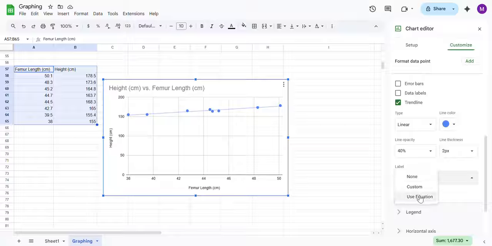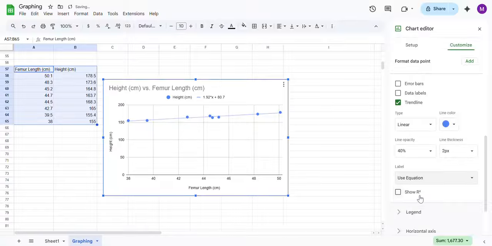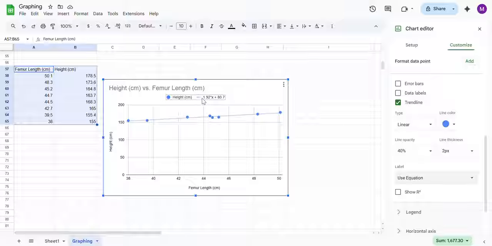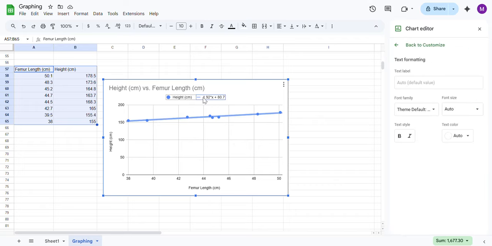You want to choose use equation. Now, once you have your equation on your graph, it's going to show up as a couple numbers. For whatever reason in Google Sheets, it doesn't have the y equals portion. So you can go in here, and I do want you to change it so that it looks like a y equals mx plus or minus b, okay?